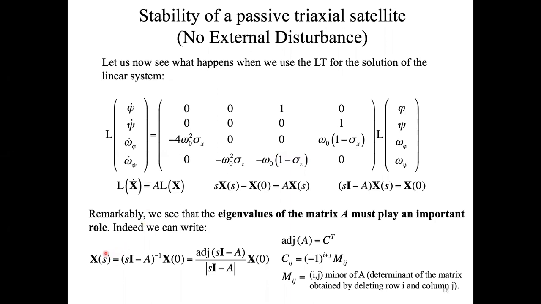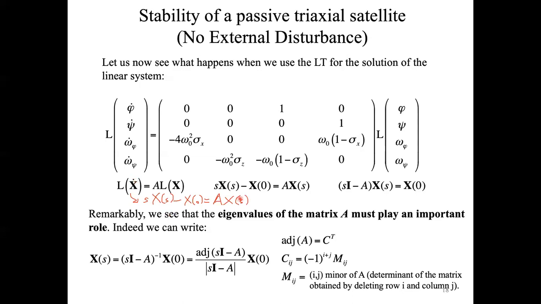So if you do the Laplace transform of x dot, this Laplace transform is indeed equal to S x in the Laplace domain minus x0, and the Laplace transform of Ax is directly the matrix A times x in the Laplace domain.